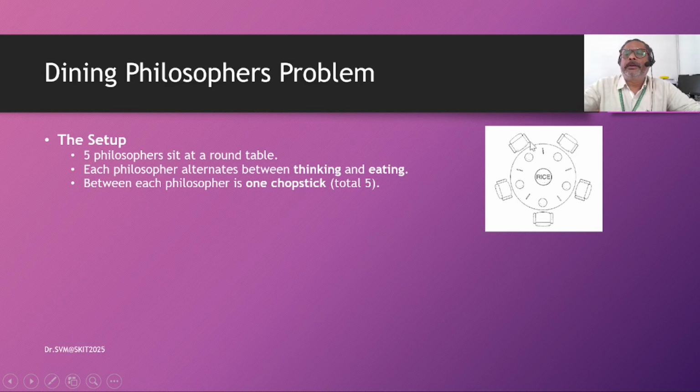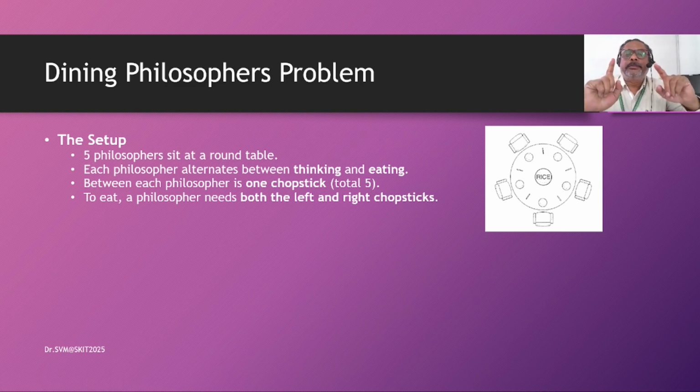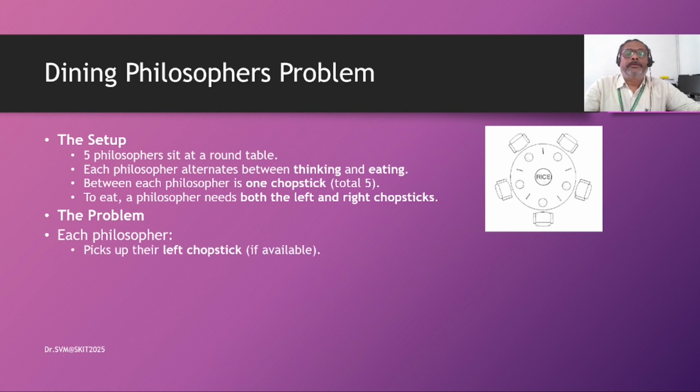So in all there are 5 chopsticks, and to eat, any philosopher will require 2 chopsticks. They need both the right as well as the left chopstick. So the problem here is each philosopher first picks up the left chopstick, if it is available.